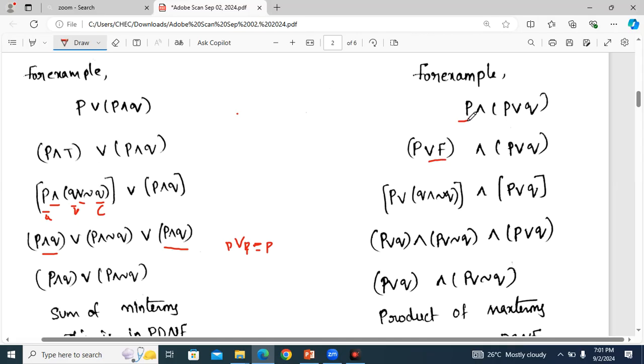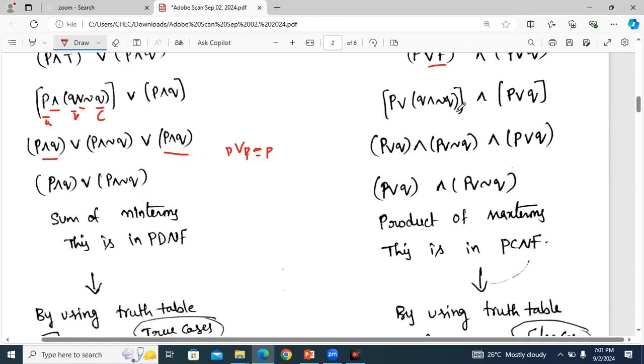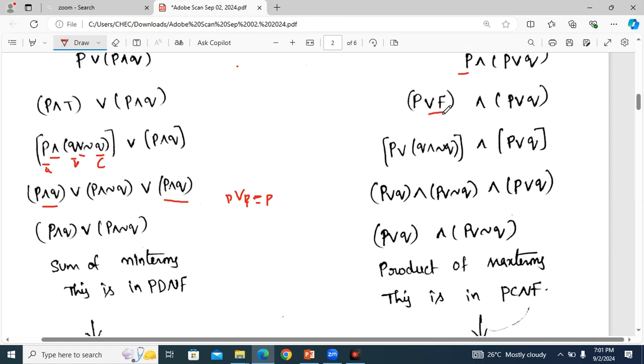That's why we replace P with P or F, and keep P or Q. In the next step, by the negation law, we replace F with Q and negation Q.